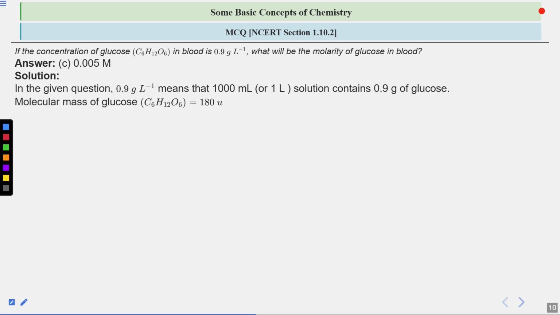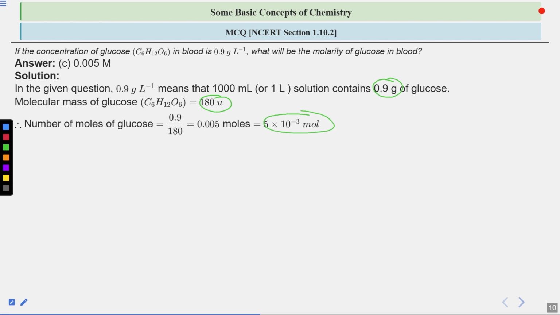You can try and calculate it. Then how do we calculate the number of moles? It is very simple. Given mass by the molar mass. So you can take this molecular mass as molar mass by converting the unit to gram per mole from unified mass. That will give you 5 into 10 to the power minus 3 mole.